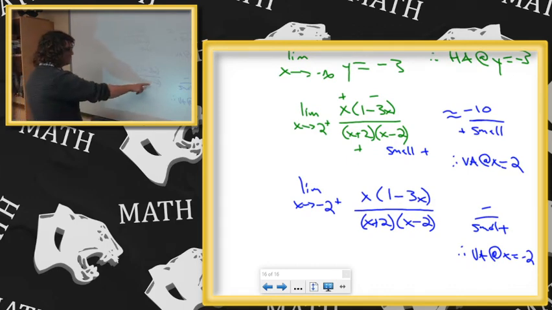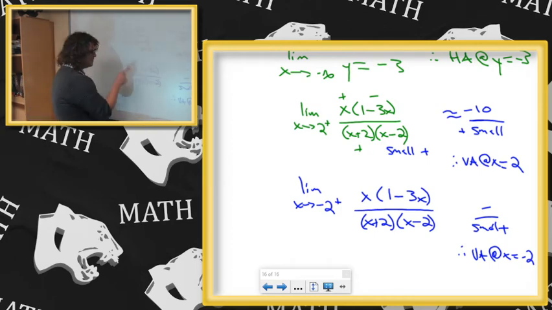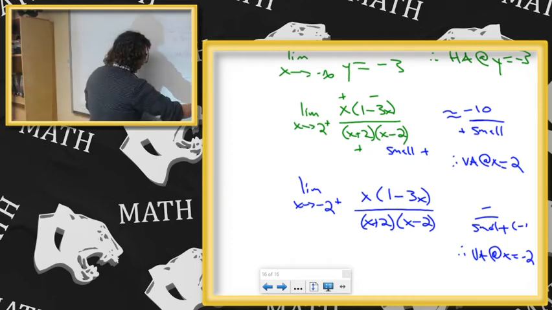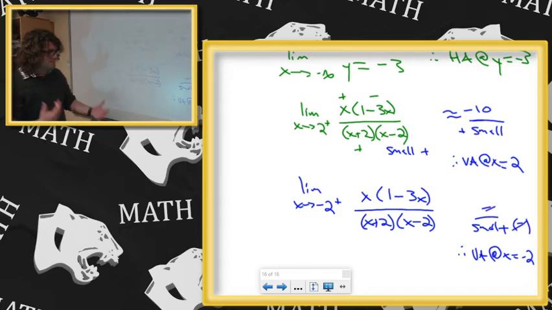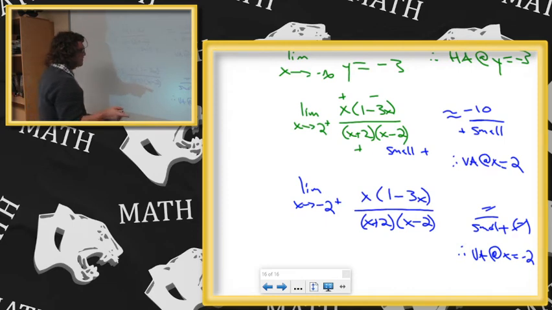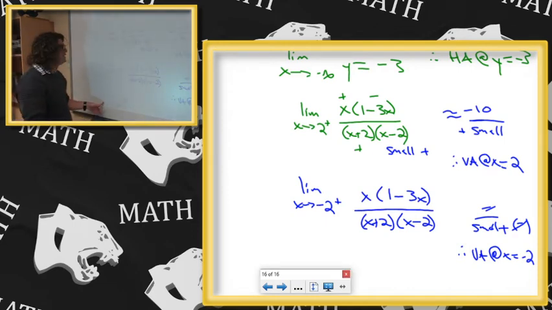Oh, positive. Oh, that was a negative. Sorry. So it's multiplied by the negative that's already down there, and so it would end up giving you a very, very large positive value coming in on that side. Again, that wasn't really that important for showing where the vertical asymptote was, but it should be right anyway. All right.